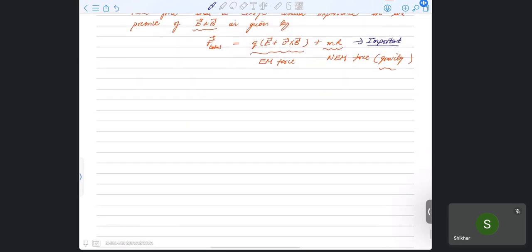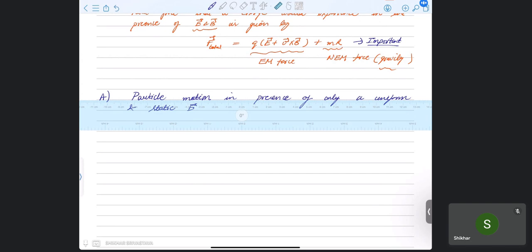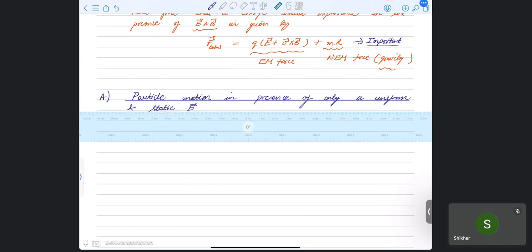Suppose the first case is that we try to study the particle motion in the presence of only a uniform and static electric field. So what does it mean?